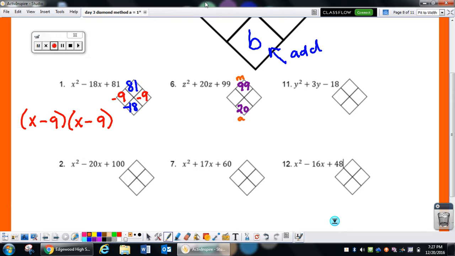So in our case, the 99 is positive and the 20 is positive, so we're probably going to have two positive numbers. So I would try 11 and 9, because 11 times 9 is 99, and 11 plus 9 is 20. So then our real deal answers would be x plus 11 and x plus 9. Now we're not solving for x here, we're just literally factoring. So you don't need to get an x equals, because you're just factoring.